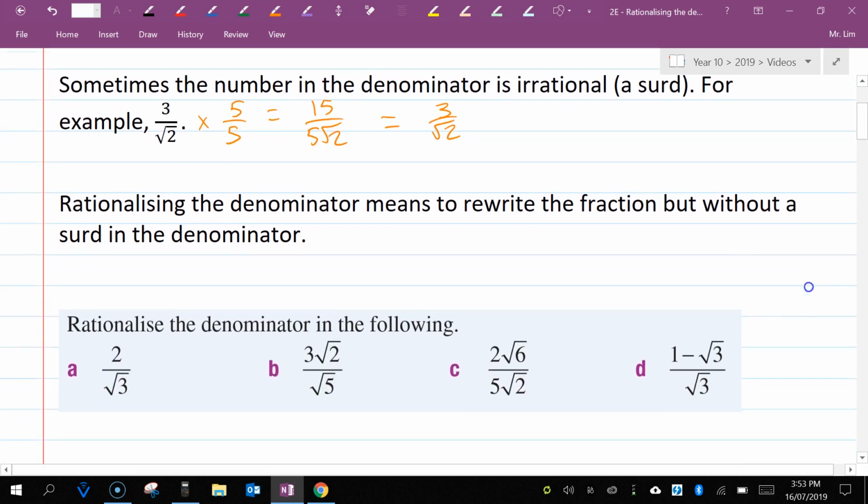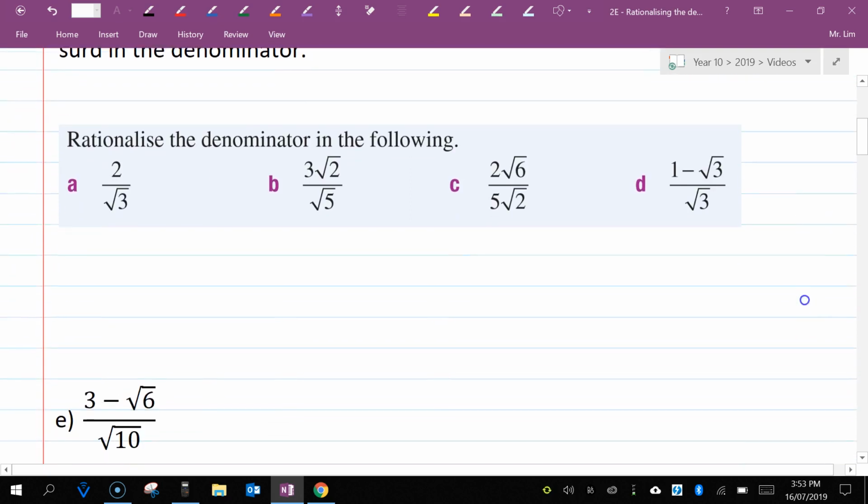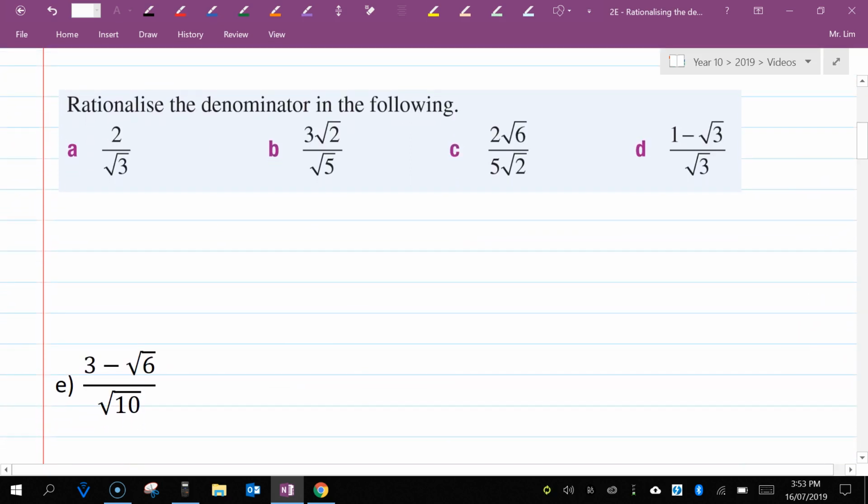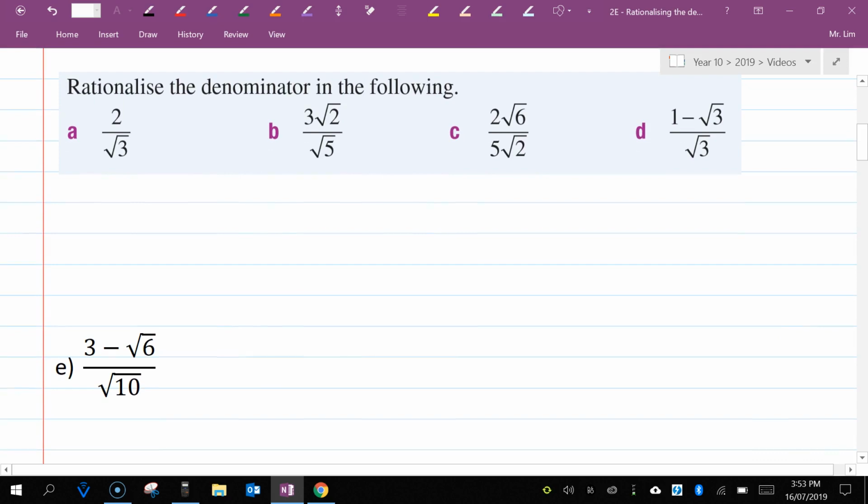In order to rationalize the denominator for these types of questions, we need to multiply it by 1. The question is, how are we going to write this 1? Well, we're going to multiply this by the surd in the denominator. We're going to multiply it by root 3 over root 3, because root 3 divided by root 3 is 1, so technically we're not changing anything.